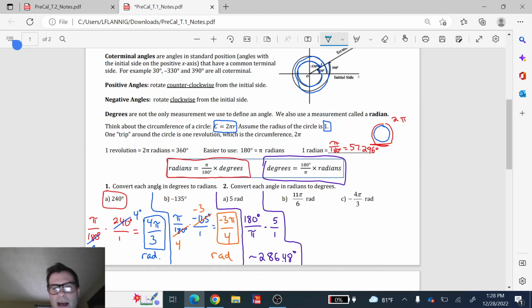Next, you have 11 pi over 6 radians. Again, this is the exact same thing we did before. We have 180 over pi times 11 pi over 6 because we're trying to get to degrees. Now, remember, we were going to try to reduce if we can, which we actually can do here. 180 and 6 both divide by 6, and we can take a pi from the top and a pi from the bottom.